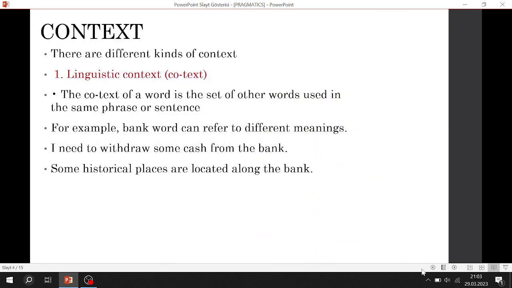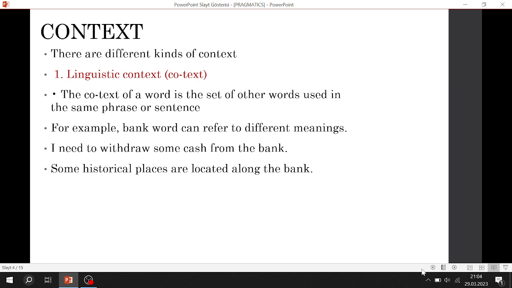Let's move on with the context. We look at the other words in the sentence to understand the meaning of a word. For example, I need to withdraw some cash from the bank. We can understand that it's a financial institution. But in the other example, some historical places are located along the bank.